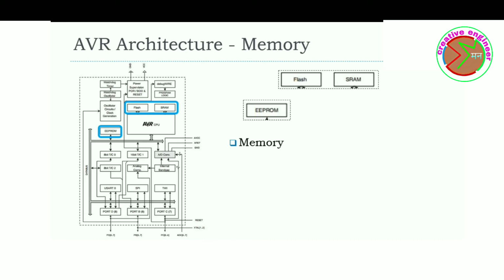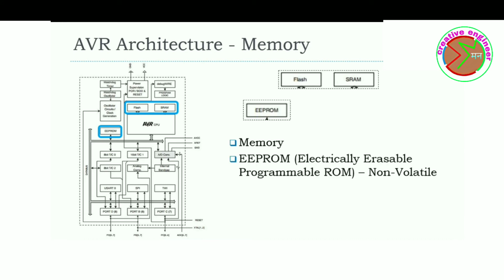The EEPROM is a type of non-volatile memory that is used to store small amounts of data, which can be retrieved even after a power cycle. EEPROM is used to store data such as device configuration and calibration tables. The data in the EEPROM can be accessed, erased, and rewritten.